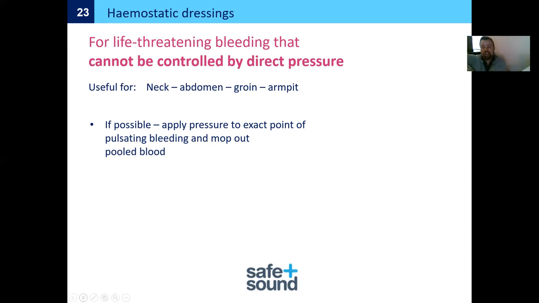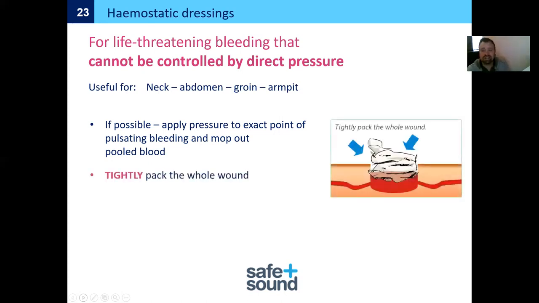So again, you can squeeze down here and that will stop any arterial bleed. In the groin, you can separate the groin and put your foot in between. And again, under the armpit, you can push under there to try and stop any indirect bleed.